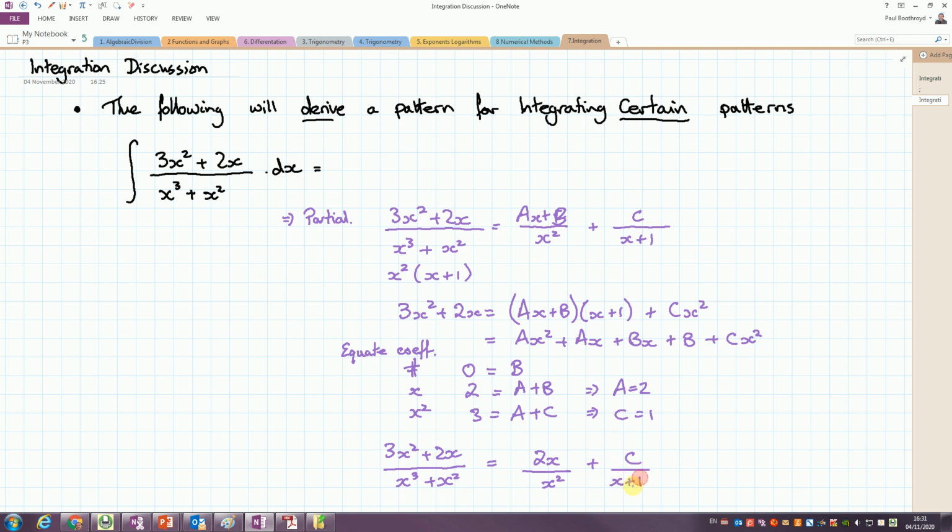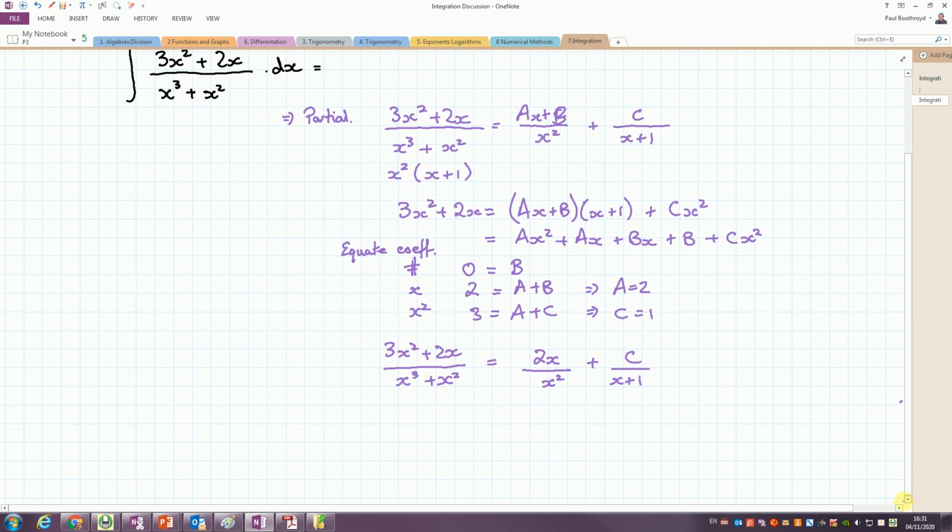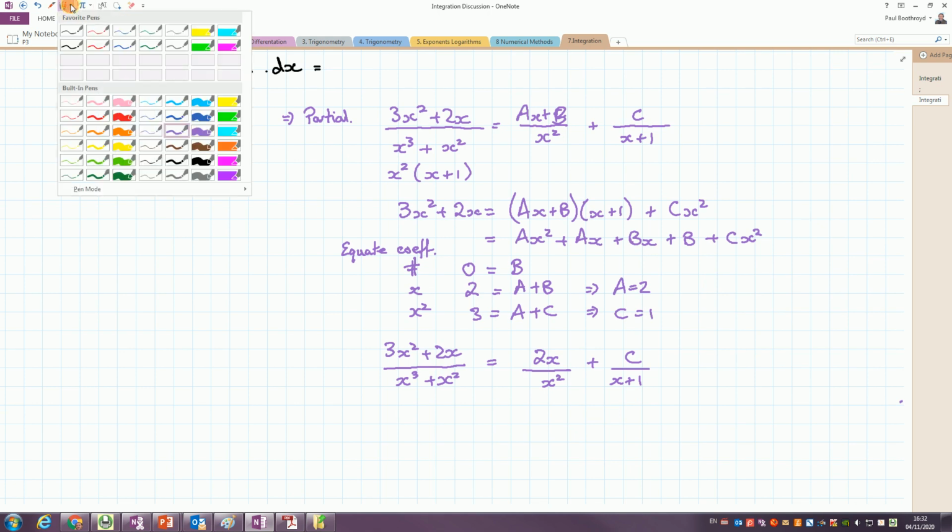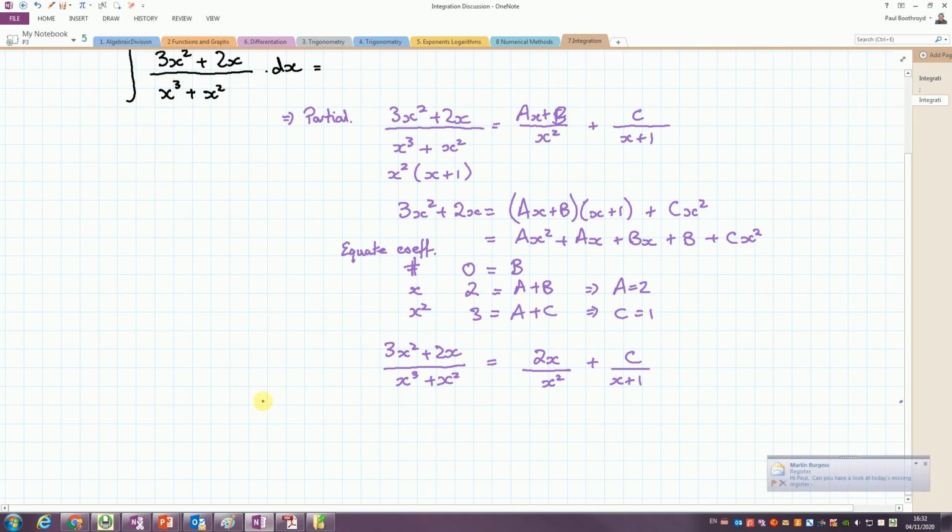We take the integral of 2x over x squared, and of course they cancel, plus the integral of c, which was 1 over x plus 1, and that one I will need to do by using the chain rule.